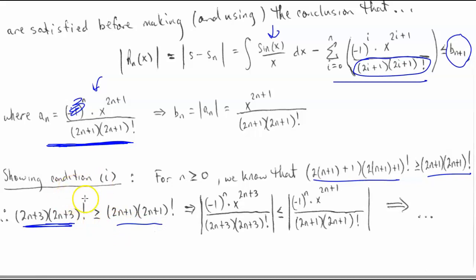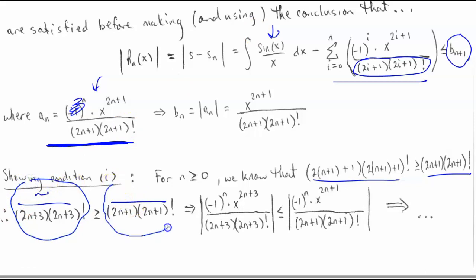Okay, so now that we know this, if I was to make fractions out of these, okay, then since I know that 2n plus 3 times 2n plus 3 factorial would have a larger denominator than 2n plus 1 times 2n plus 1 factorial, then when I make this a denominator, I know that the fraction here is going to be smaller than the fraction I will make up here, provided it has the same thing there. So here, notice that that's exactly what I end up doing here.